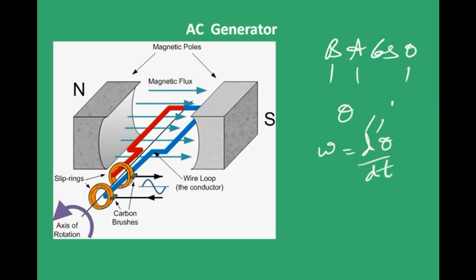Now the flux is B A cos theta, say phi B, and the EMF induced due to this rotation will be minus N d phi B by dt. This is by Faraday's law, right? So EMF is what?